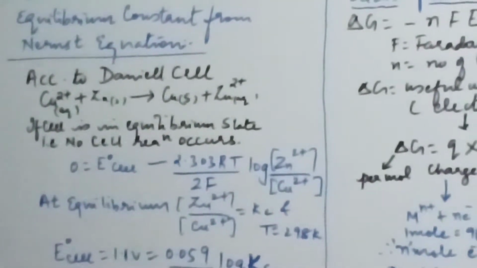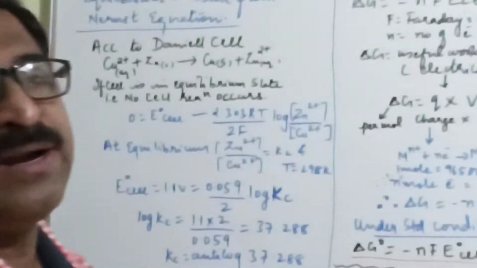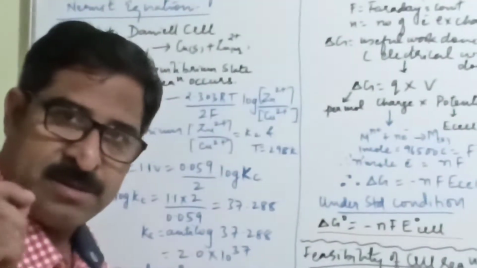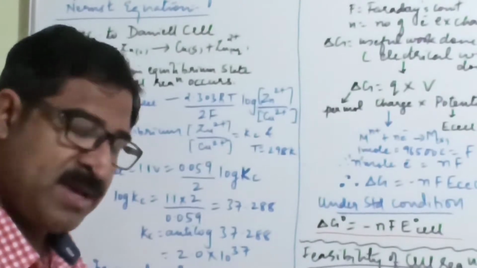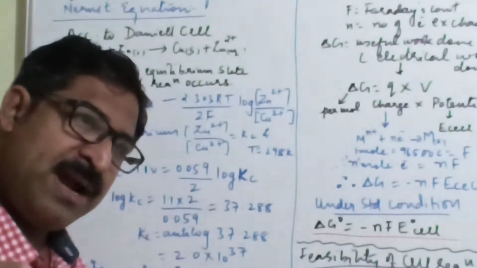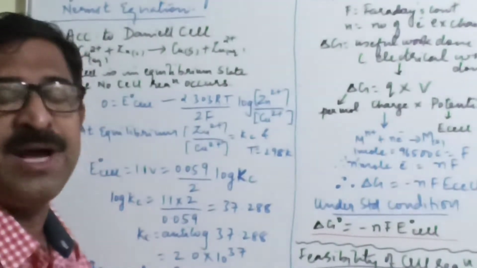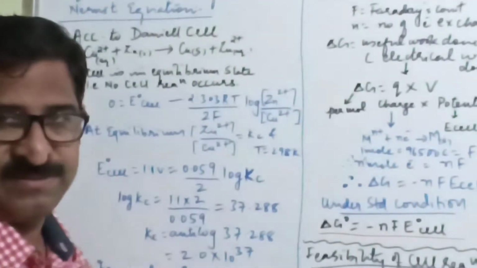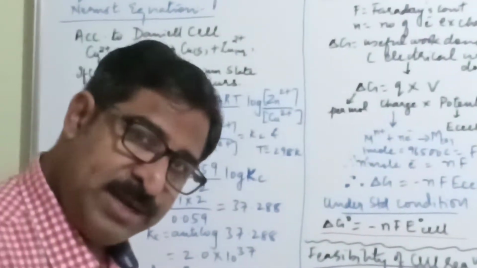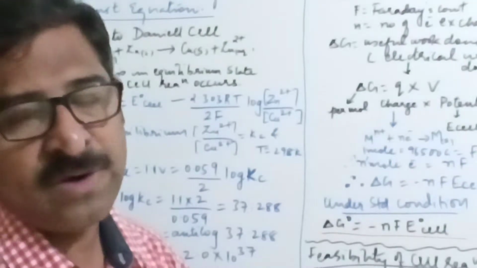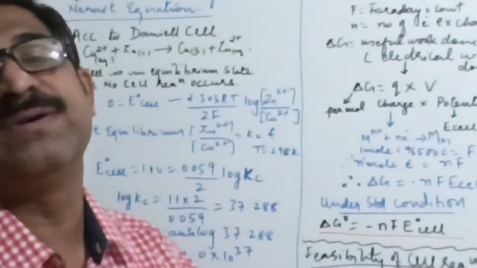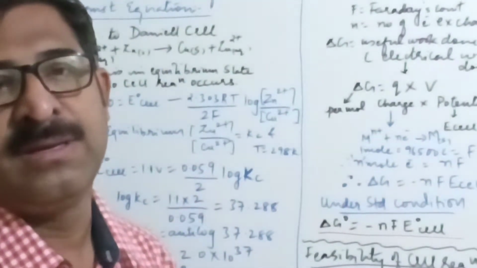If this cell is in equilibrium state, now we have studied in 11th standard the chapter of equilibrium processes, where we had studied about equilibrium state. Equilibrium state means rate of forward reaction and reverse reaction are same.